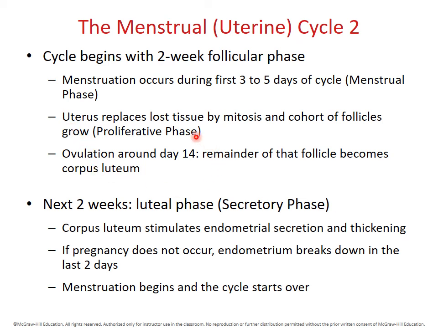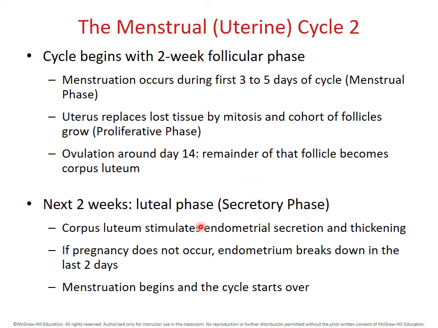Again, as we've said repeatedly, around day 14, ovulation occurs. And at that point, after ovulation, remember, the ovary converts to become a corpus luteum. And so the remainder of the 28-day cycle, the remaining 14 days in our list of terms, we refer to this as the secretory phase.